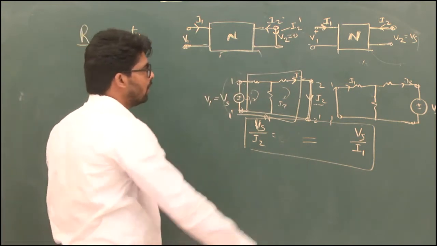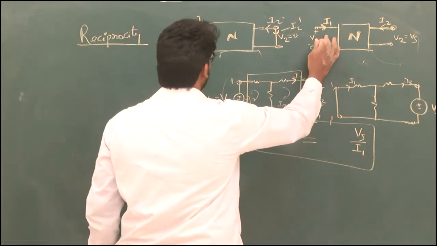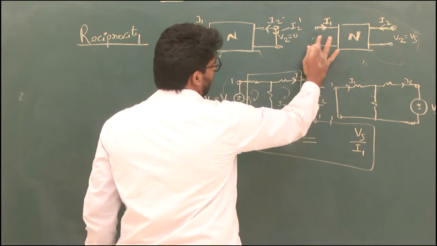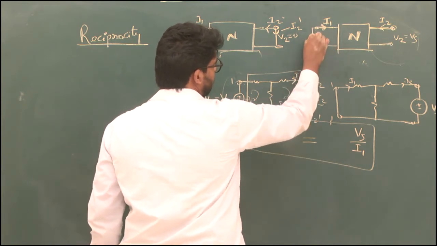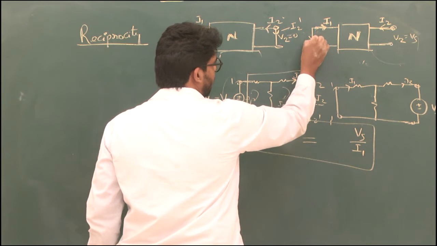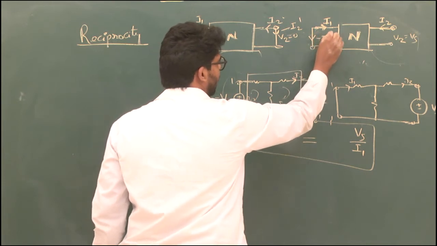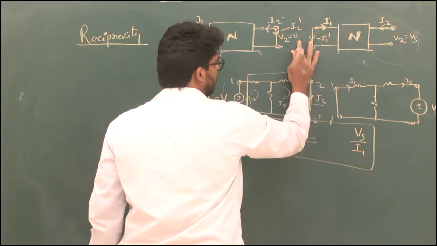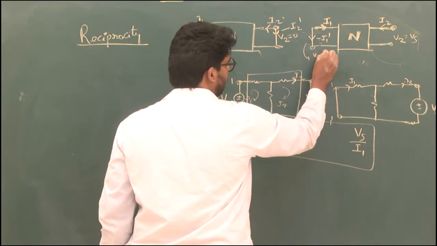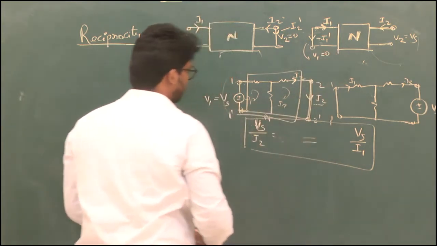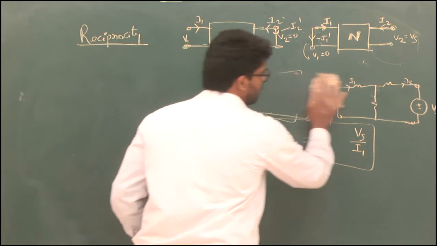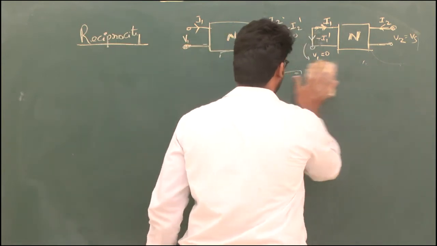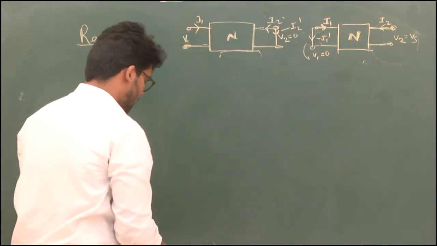Okay. Now again, in this case, the input terminal is shorted, and I am taking the direction as minus I1 dash, and again V1 equal to 0. Here V1 equal to 0. Okay. These are the assumptions for the reciprocity theorem. Again, I am refining it.